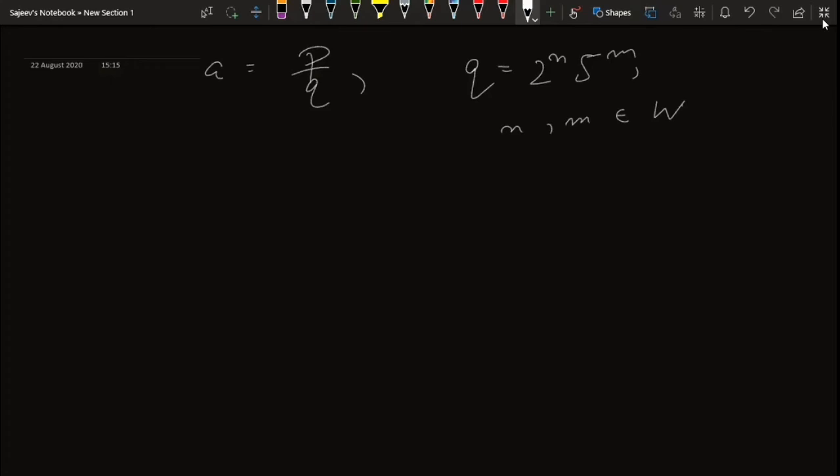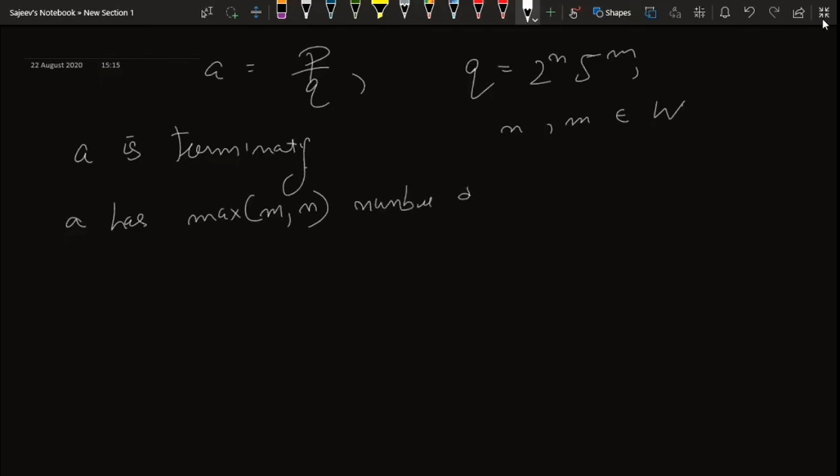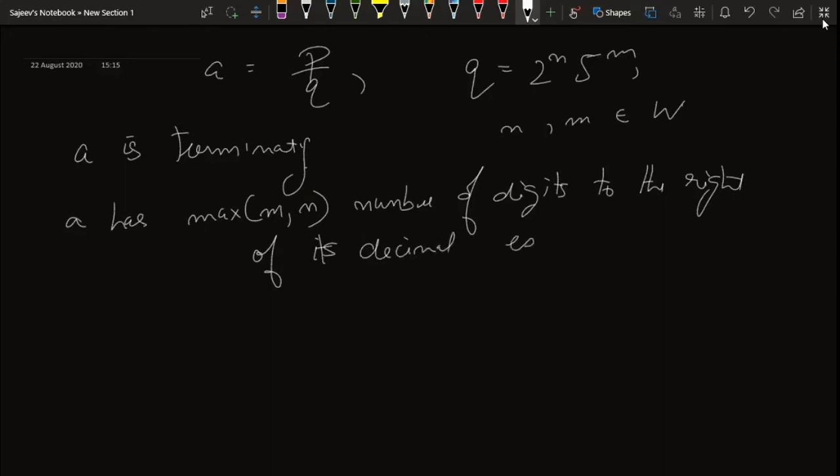Then we can say that a is terminating and a has max of m comma n, that is whichever is maximum, that many digits to the right of its decimal expansion.